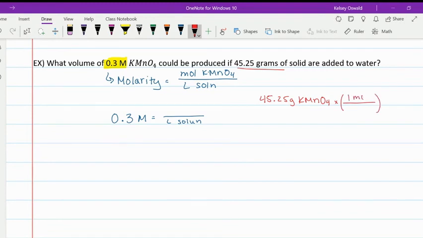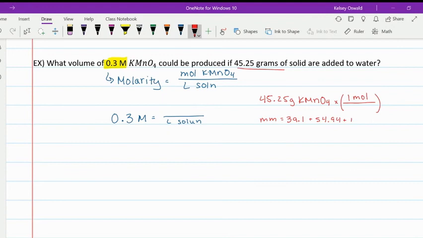So for every 1 mole of KMnO4, we'll look at our periodic table to find that molar mass. And we know that potassium has a mass of 39.1. Manganese, or Mn, is going to have a mass of 54.94.